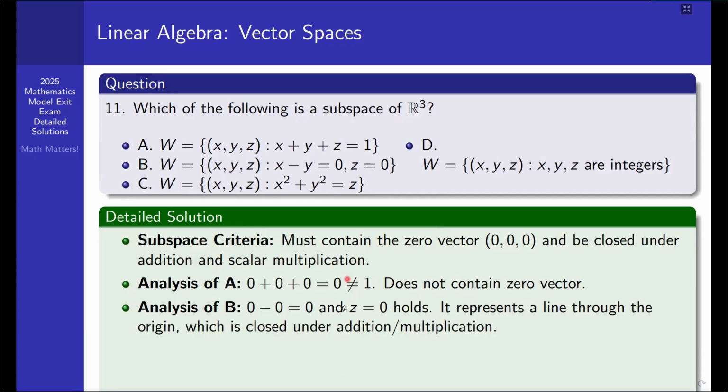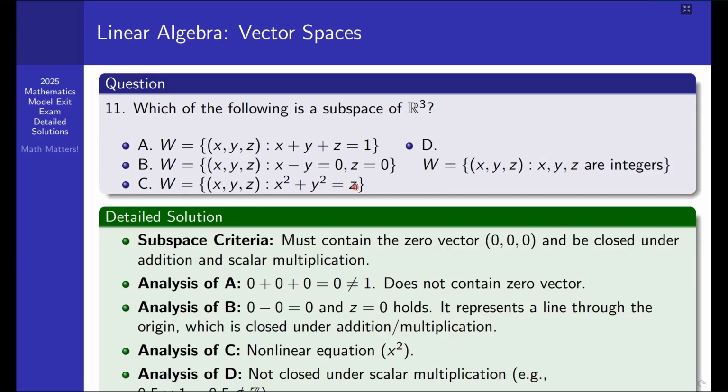Similarly, for B, when we check, 0, 0, 0 holds, so that it presents a line through the origin, which is closed under addition and multiplication. Analyzing C, it is a nonlinear equation, that is x squared plus y squared is equal to z, but it needs to be linear. And D is not closed under scalar multiplication, where x, y, and z are integers.